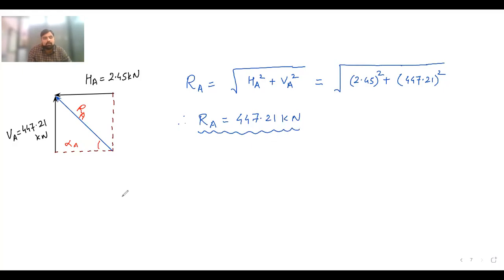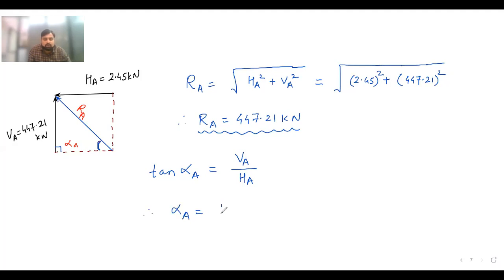Now calculate alpha A. To calculate alpha A, we have the formula: tan alpha is equal to, taking the mod, summation Fy upon summation Fx. If you see this triangle, this is your angle alpha A. So tan alpha A is equal to the opposite side, VA, divided by the adjacent side, HA.